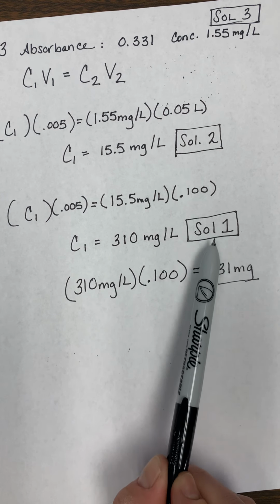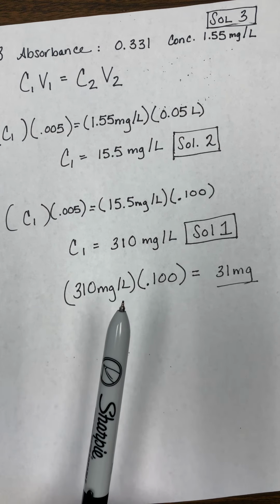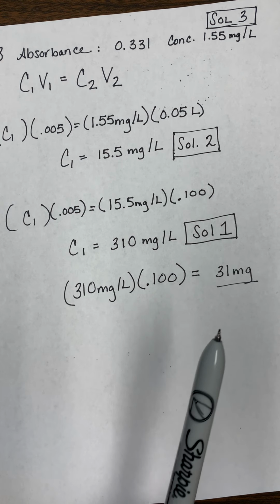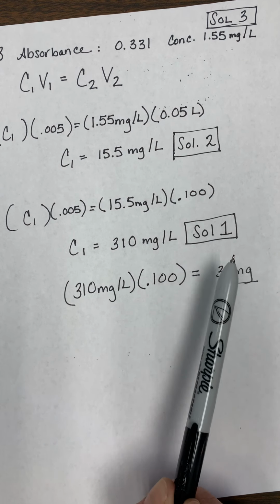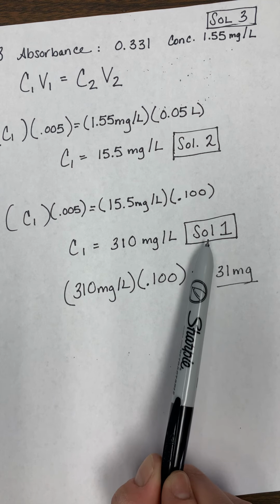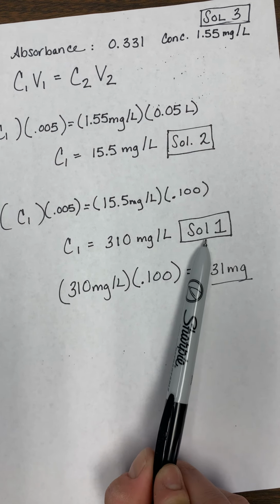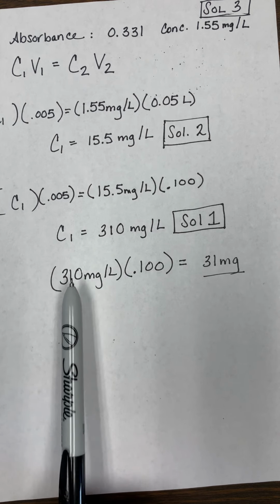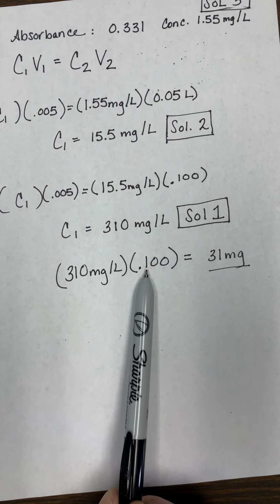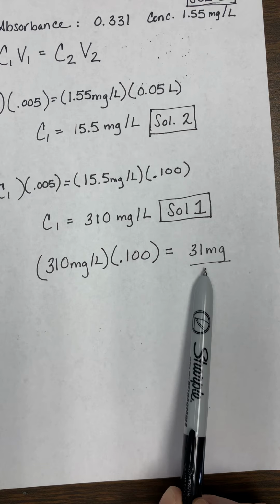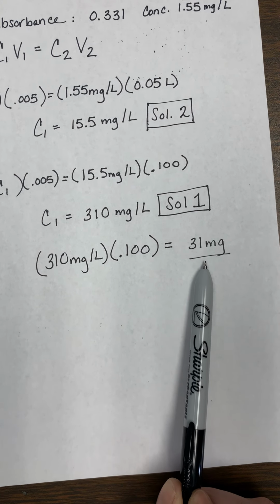But that is only our solution 1. What they are looking for is the mass of the iron in the tablet. So if you remember, we made 100 milliliters of solution 1. We're just going to take that concentration, multiply it by 0.100, and we'll get 31 milligrams.